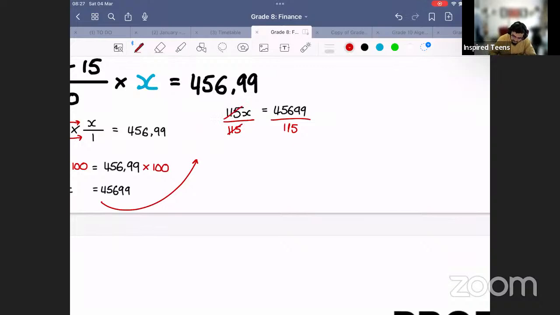But it's an equation, so if I divide the left-hand side by 115, I have to divide the right-hand side also by 115. That's how I get rid of it. Then I get a value of x is equal to 397. I put that in my calculator: 397, rounded off to 2 decimal places, comma 38.